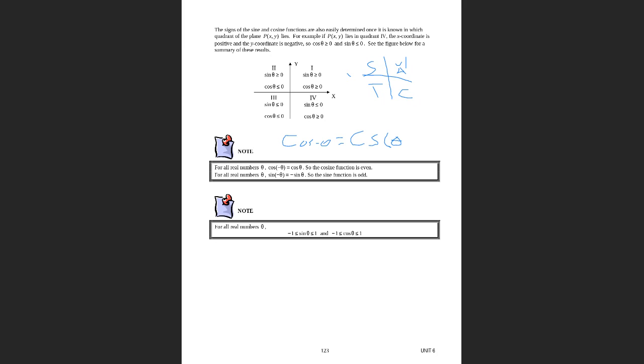But for sine and tan, if you have sine of negative theta, it is the same as negative sine theta.